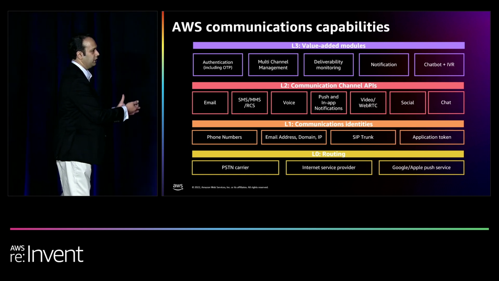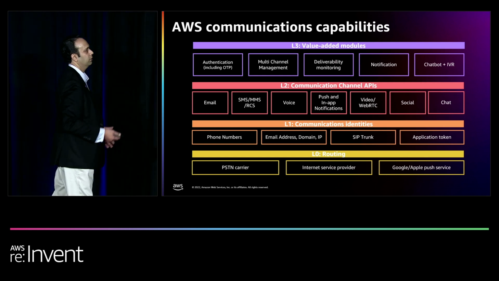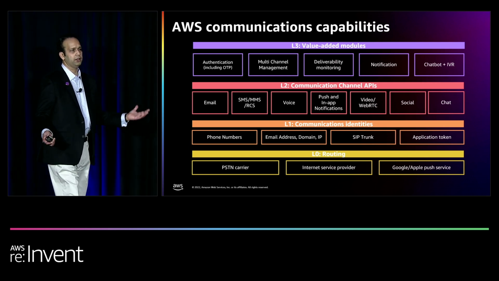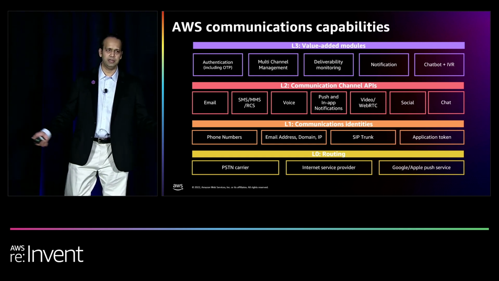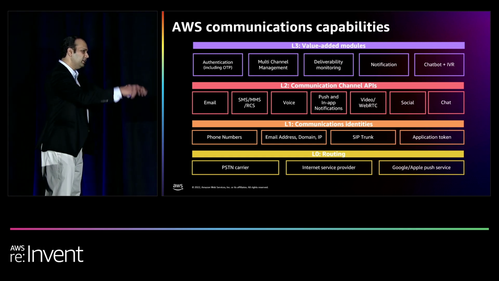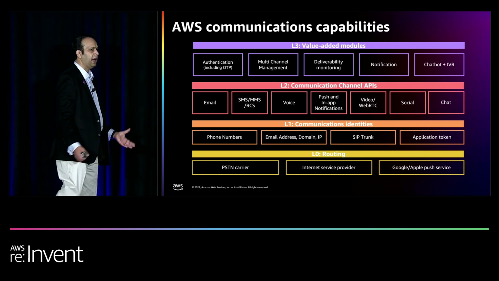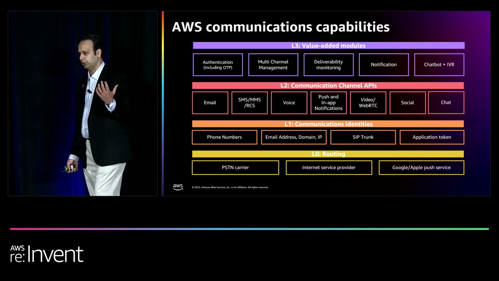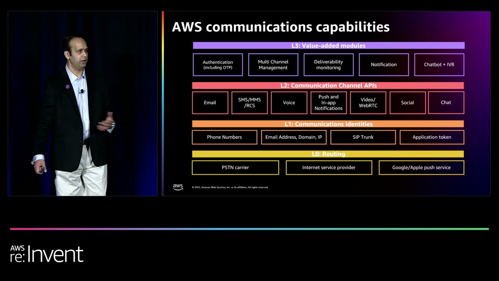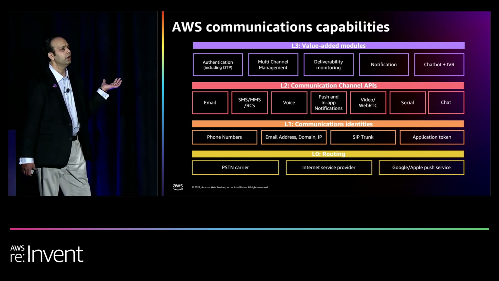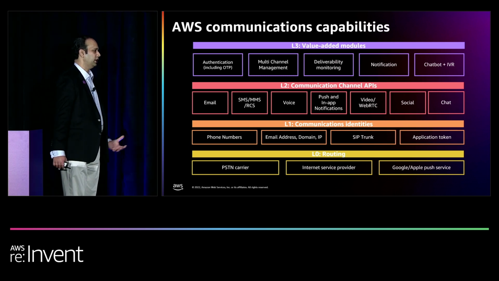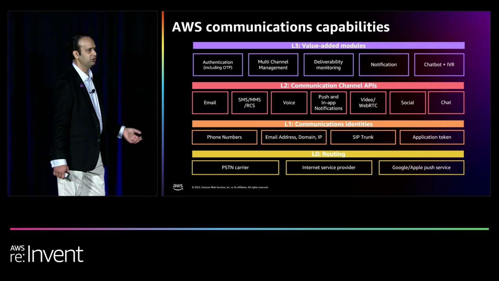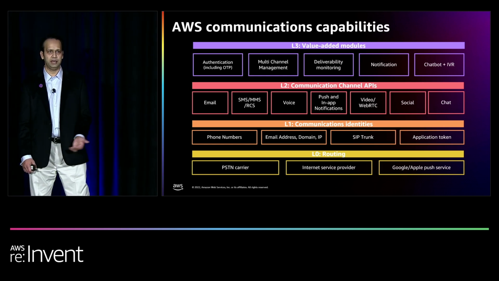And the same analogy also exists within the world of SES. So communication APIs that are modeled to the communication channel that you're trying to engage, whether that's telephony or SMS. And then finally, we provide a value-added layer on top of that for common workloads. So for example, a common workload is one-time passcode. We all have OTP needs where you want to send a notification as part of a password reset to a mobile phone, or maybe it's a text message notification for confirmation or authentication or identity.